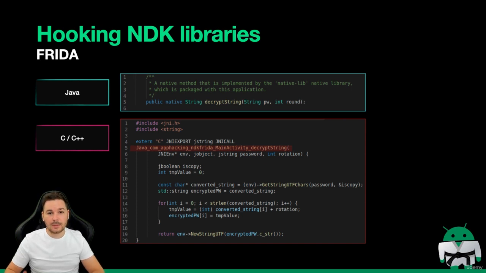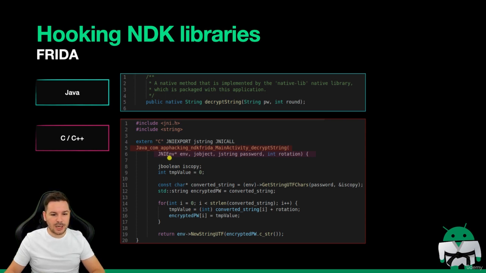The next one is really interesting, because here we can see now the parameters of this function. And we wouldn't even recognize this if we're not taking a close look. So we can see over here the decrypt string has 2 parameters, the password and also the round. And here we can now see we are having 4 parameters.